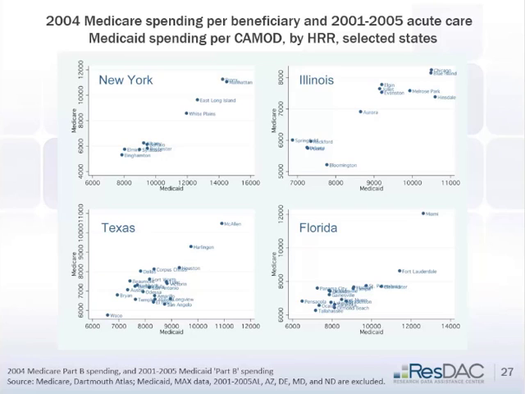Here there does maybe seem to be a better linear relationship. In New York, the expensive places are the Bronx and Manhattan, and upstate New York is the less expensive places down in the bottom left corner. That seems to be the same: Medicare and Medicaid track pretty well.